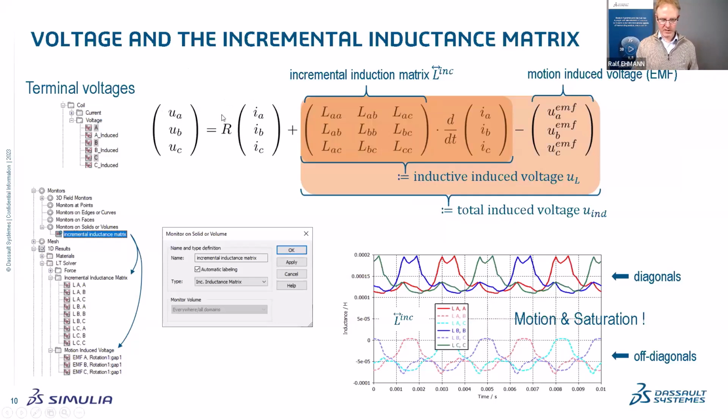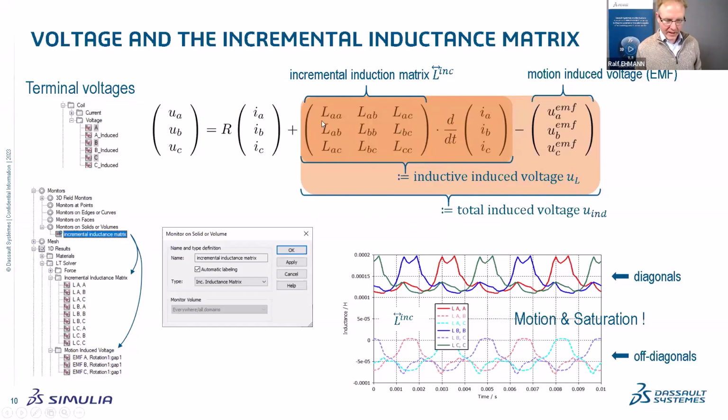So the resistivity of your windings multiplied by the individual phase currents, and then an incremental inductance matrix times the time derivative of your currents, and a motion-induced part. And in the subsequent slides, I will call this part here, which is related to the inductance matrix, inductively induced voltage, so UL. Please remember, because you will see it on many plots afterwards.